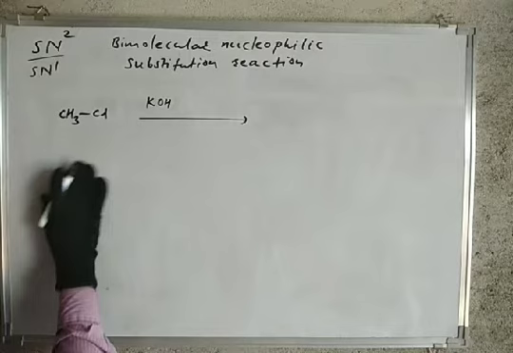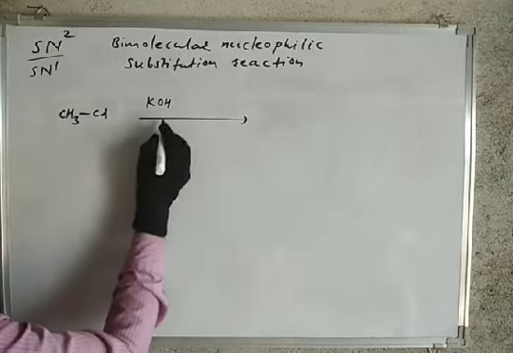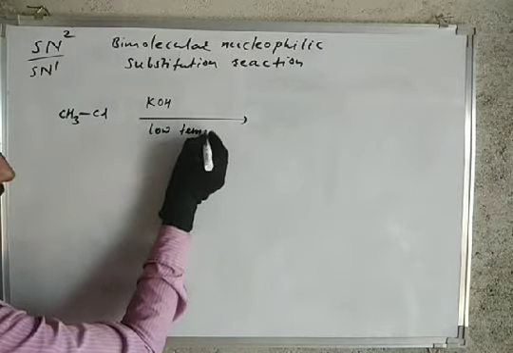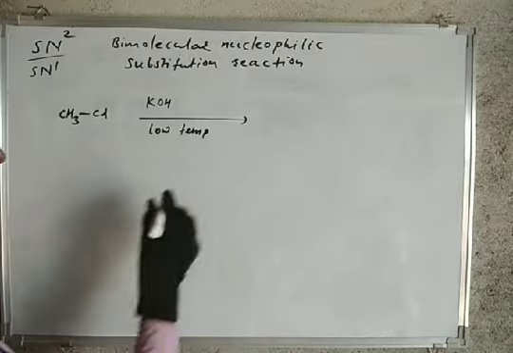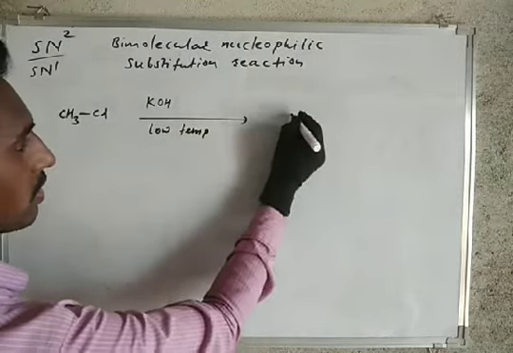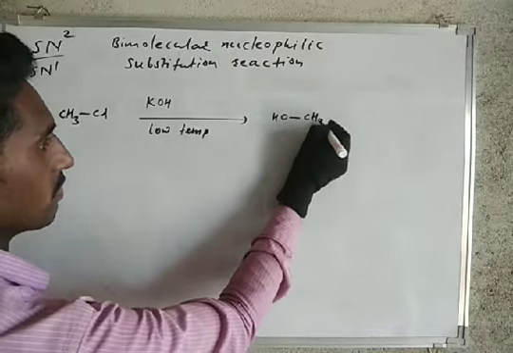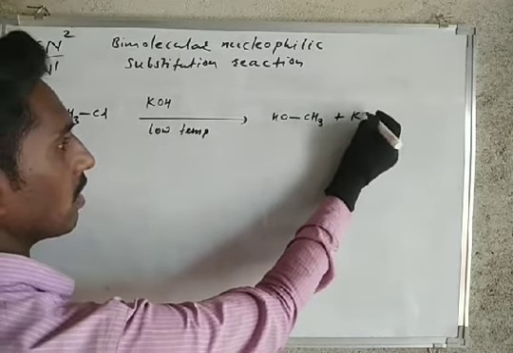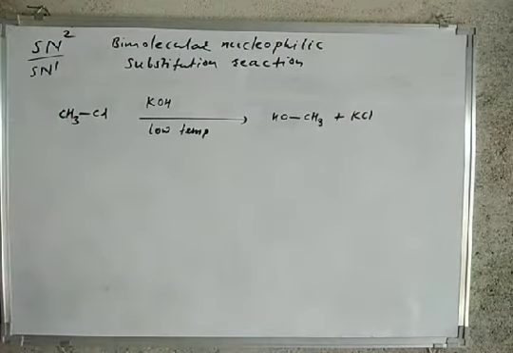Again, here are the conditions for this reaction. We will use low temperature again, because this reaction is also exothermic. And the product is CH3OH, that is methanol, and the byproduct is the salt, that is potassium chloride.